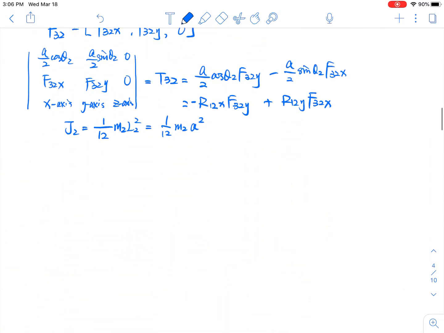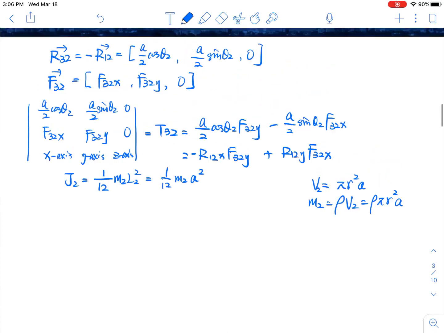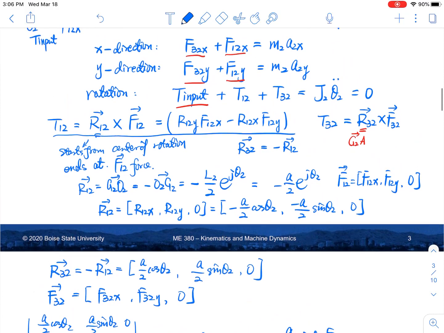So the volume of the rod is pi times r squared times the total length, and then the total mass would be rho times V2, or rho pi r squared a. Okay, so that's all we have for this equation.